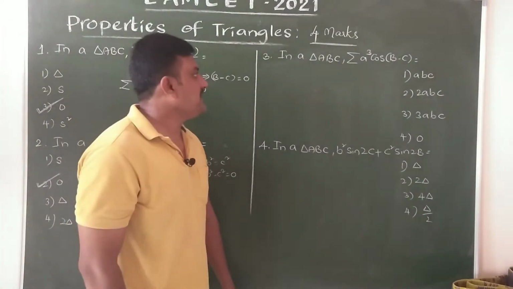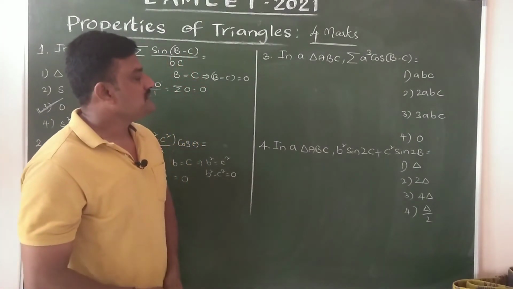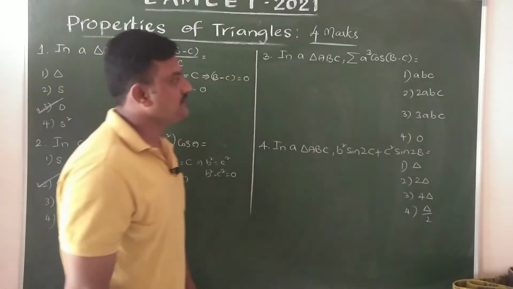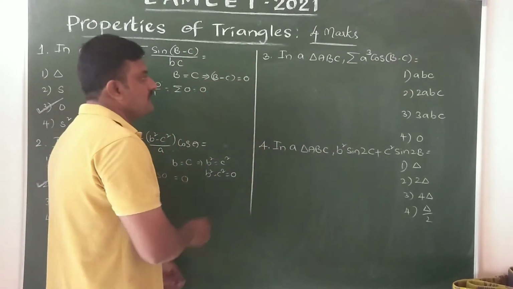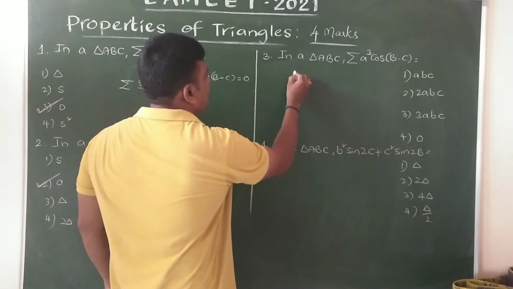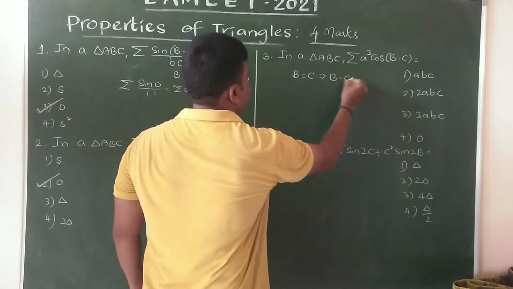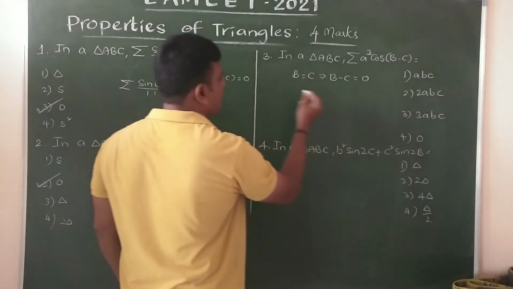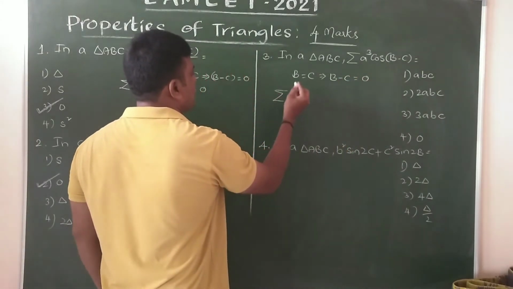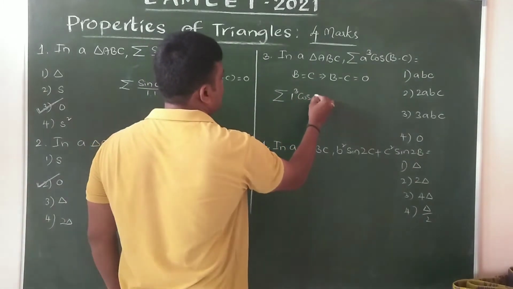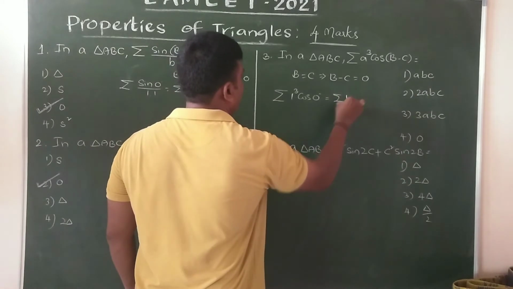Then in a triangle ABC, sigma a cube cos (b minus c) equals what? As usual, b equals c, then b minus c equals 0. Here sigma a cube, that means 1 cube, and cos 0 is 1, so it is sigma 1.